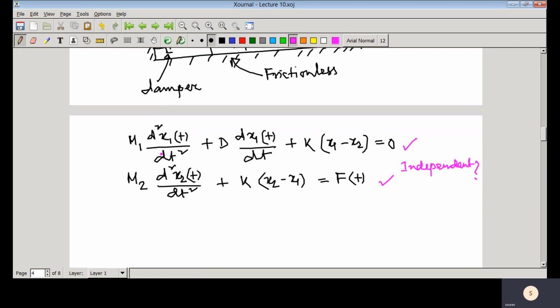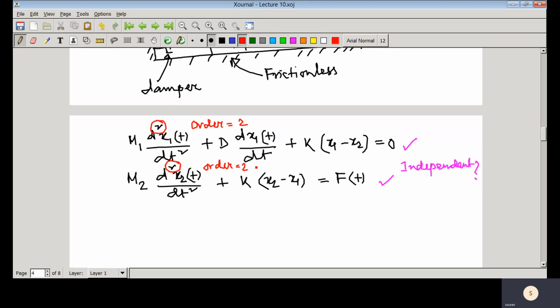You can see here, if you look at the structure of the dynamical equations, these two differential equations are linearly independent. And then you look at the order of each differential equation. So this order is 2, and here this order is 2.